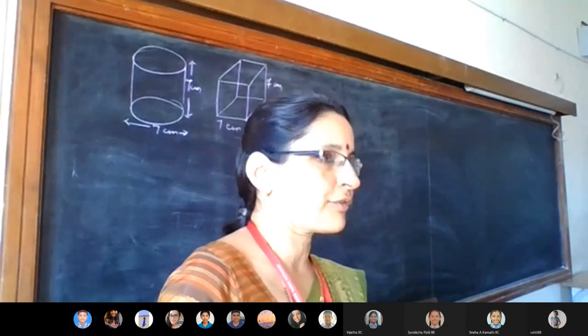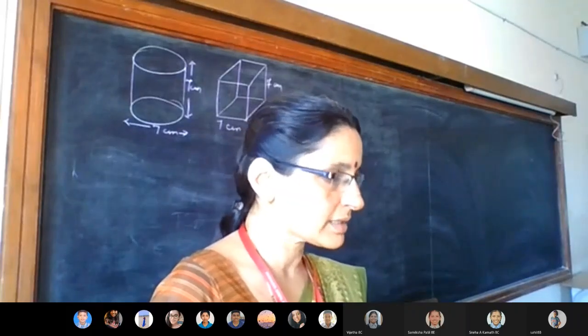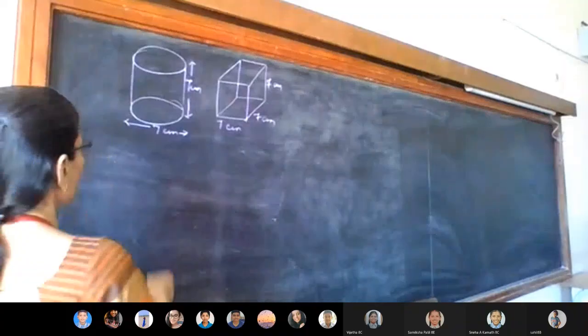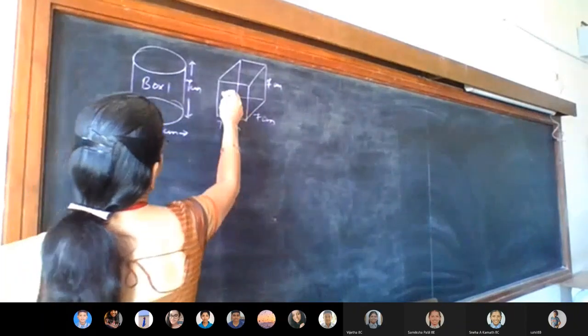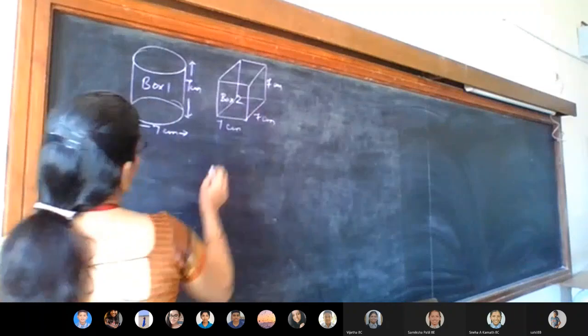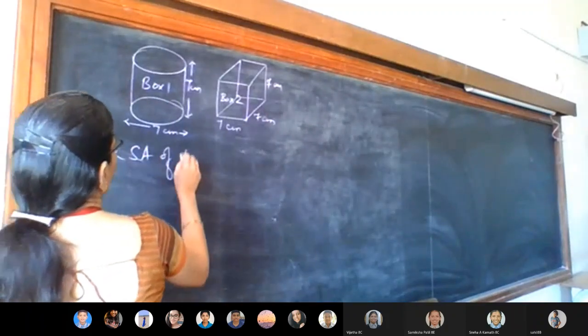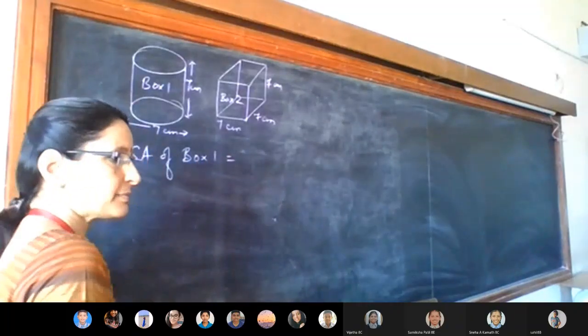That is the reason they are different: their LSA and volume or TSA will differ. Which box has the larger lateral surface area? If I name this as box 1 and this as box 2, the lateral surface area of box 1 is equal to the formula.